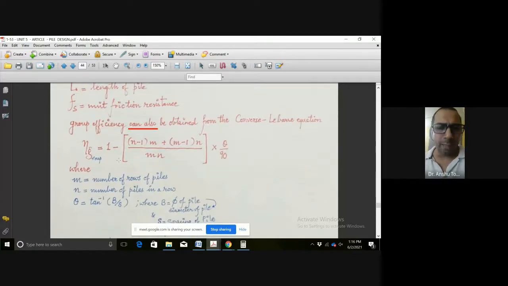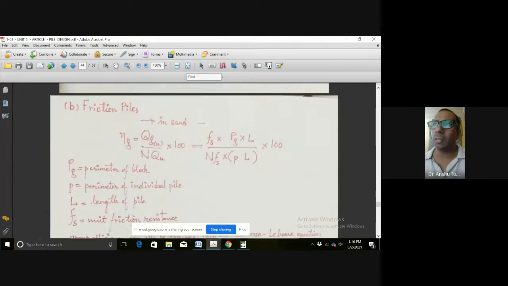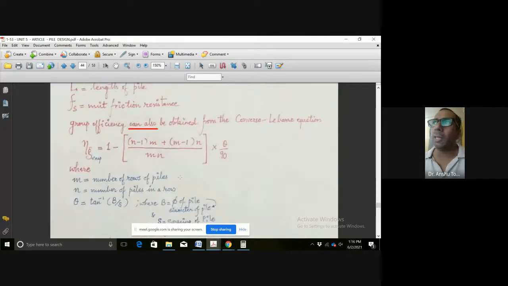Group efficiency can also be obtained from this particular equation. So there are two methods. Either you can evaluate like this or you can evaluate this. These are nothing but number of rows of piles and number of piles in a row. कितनी रो हैं? अगर आपकी 9 पाइल्स हैं वो 3 3 3 करके अरेंज हैं तो नंबर ऑफ रोज हो गई आपकी 3. और एक रो में कितनी पाइल्स हुई? 3 पाइल्स हो गई.